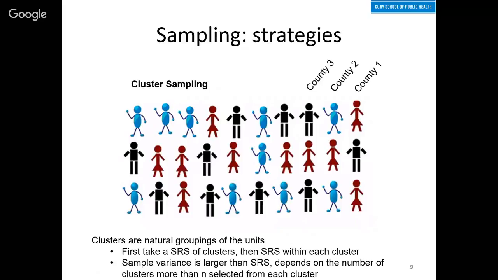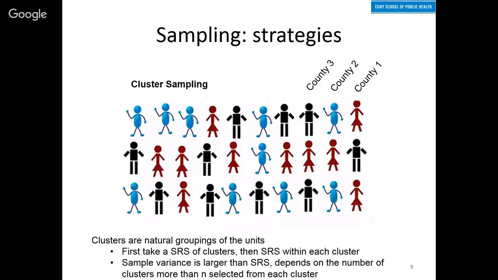So a classic example could be schools, where you have, say, 200 schools in the city, and then you have some number of students in each one of those schools. A cluster sampling strategy would be where you first randomly select some number of schools and then randomly sample the students within those schools.